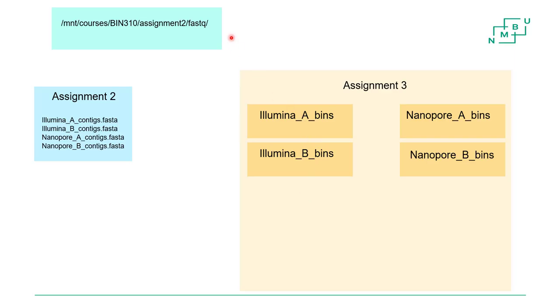It's very important that you take the A sample reads and map against the A sample contigs and not against the B sample contigs, for instance, because these contigs are made from a different sample. And if you take the reads from a different sample up here and map, the results mean nothing, right? It's completely a waste of effort, really. Yeah, at least for this context, they mean nothing.